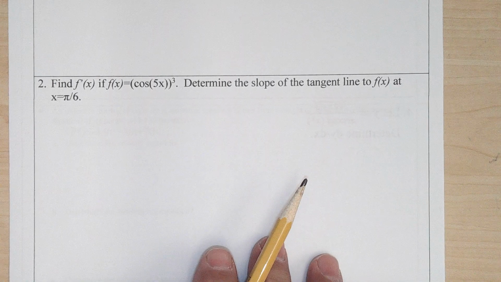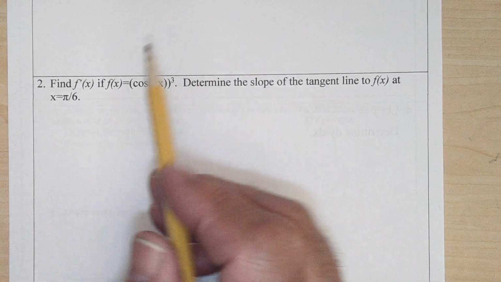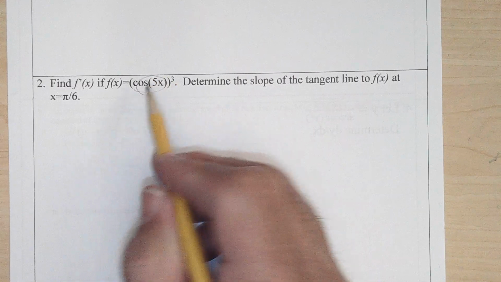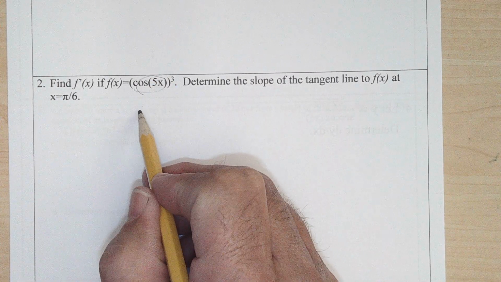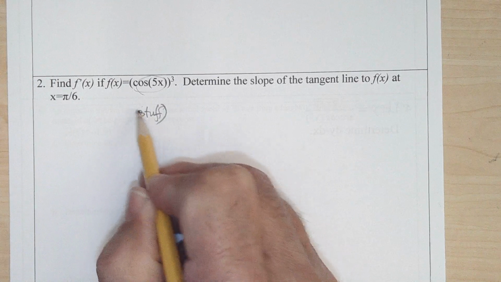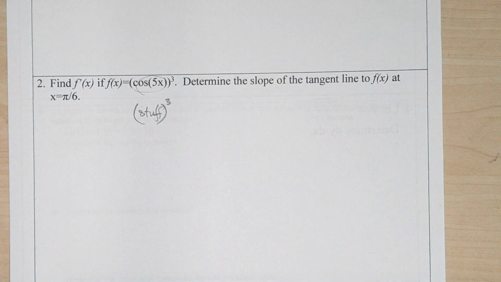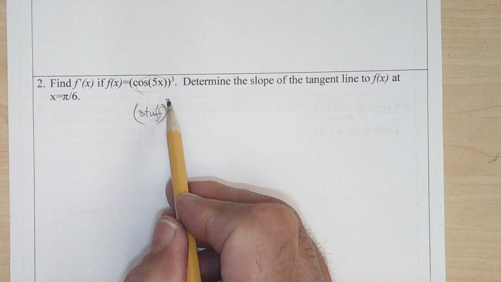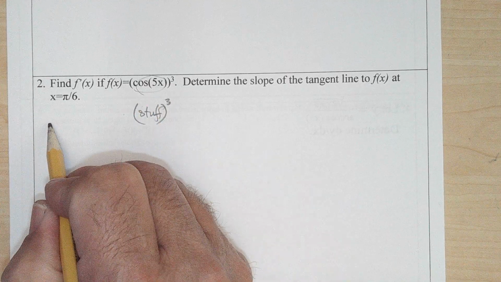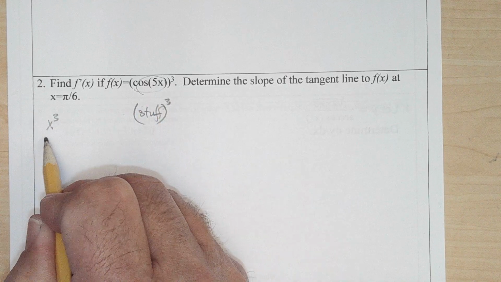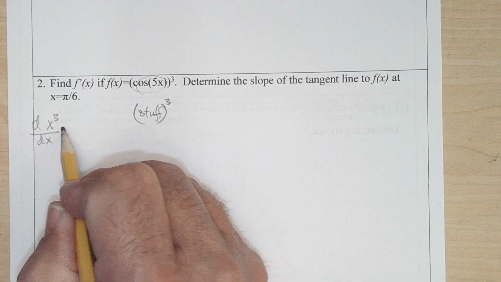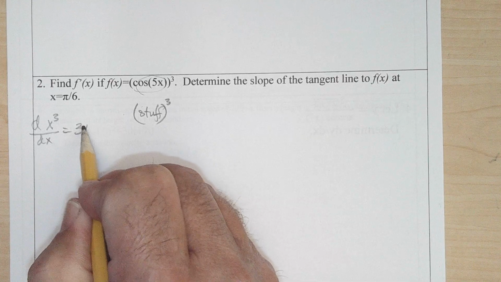Okay, number 2. So we have some stuff to the third power. The power rule says you take 3 down, this to 1 less power. So if it was x to the third, the derivative of that is 3x squared.